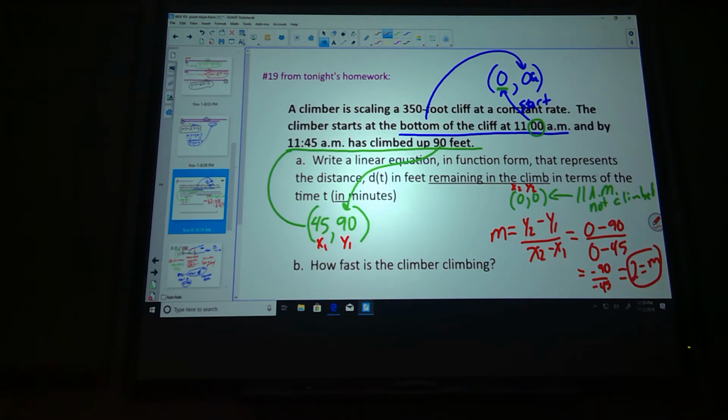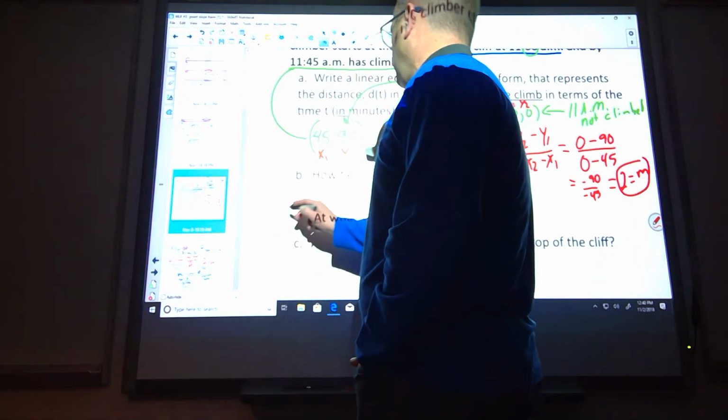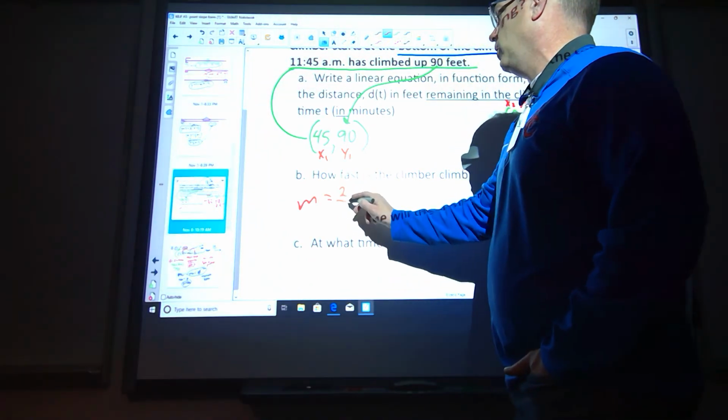Okay, so let's think about this. He has a slope of 2. He is climbing 2 feet per minute. That's pretty slow. Must be a tough cliff. Maybe he's just being overly cautious. That's me. So how fast is the climber climbing? We found our slope to be 2, which is the same thing as 2 over 1.